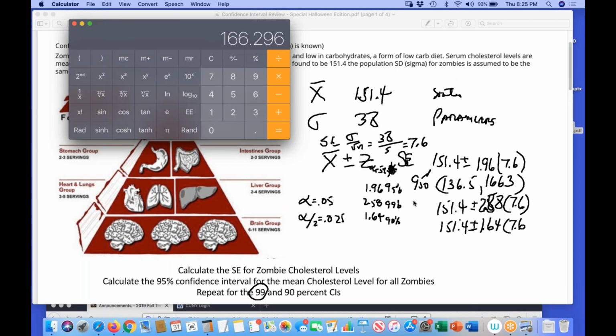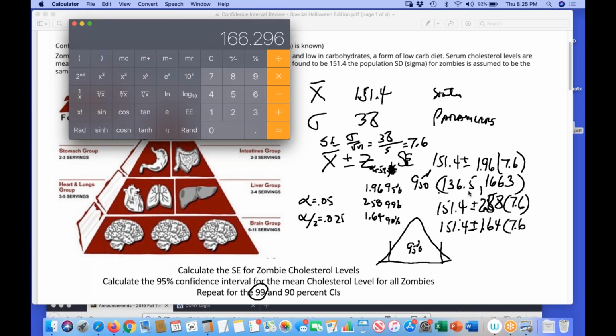Okay, so now in terms of these confidence intervals, we're looking at the areas. For a 95% confidence interval, we're looking at the samples that would fall within 95% of the population mean.